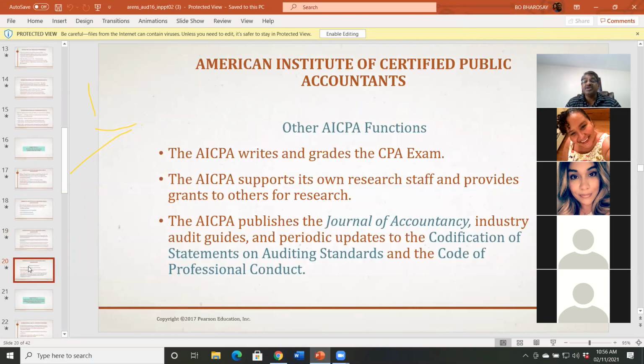Other AICPA functions: they write and grade the CPA exam. They support research. They publish the Journal of Accountancy, the codification of statements on auditing standards, and the Code of Professional Conduct.